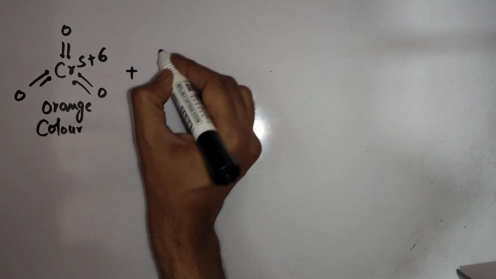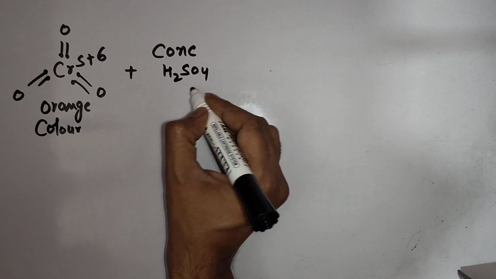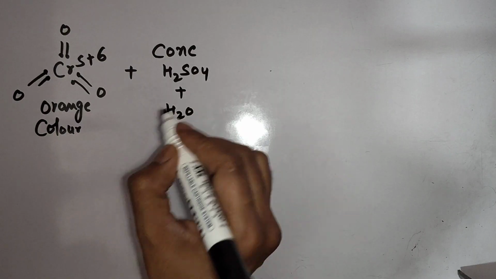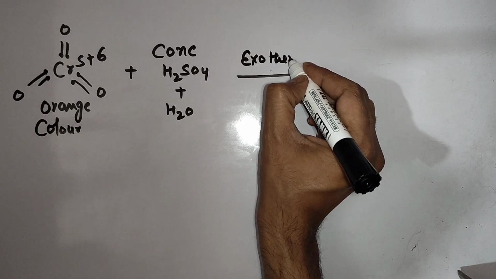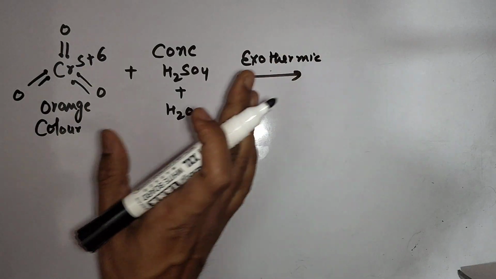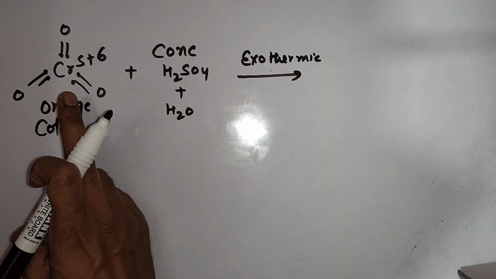Now in this orange color compound, we are going to add concentrated sulfuric acid with some water. That reaction is highly exothermic. A lot of heat energy will be released, which can decompose chromium trioxide.